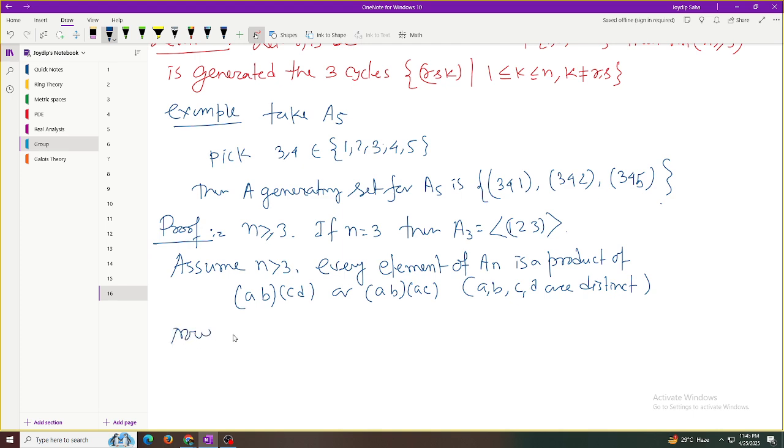Now (A B)(C D) can be written as (A C B)(A C D). Check, just a product check. And (A B)(A C) is (A C B).